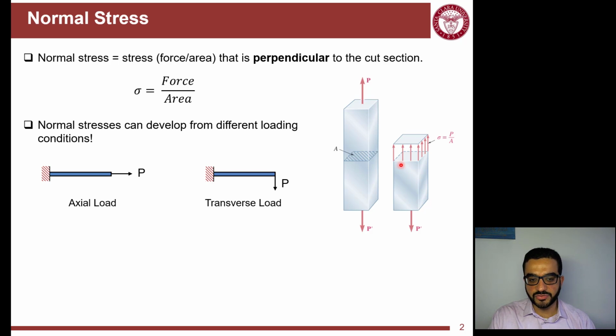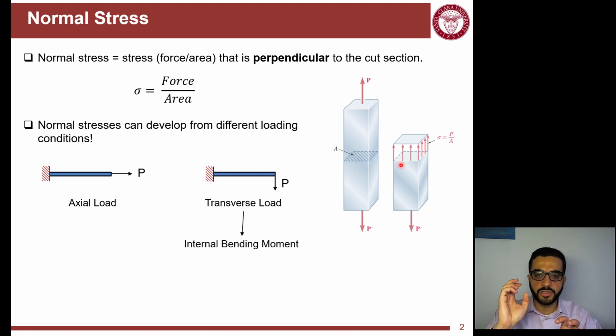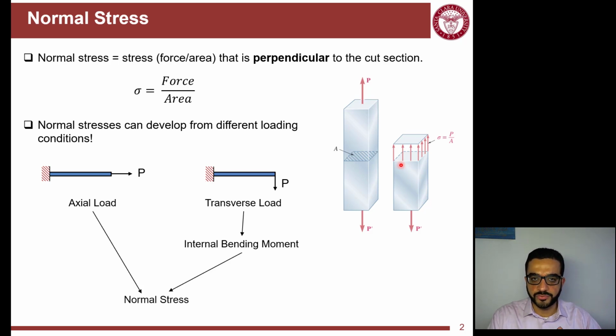Axial is easy, it's just force over the area, but transverse, or anything that's not axial with the centerline or the centroidal line of the member, will cause bending. That bending causes tension and compression at different parts of the section, like we'll see in a future lesson. But these tension and compressions are normal stresses. They are not uniformly distributed like we assume here for axial force, but they result in normal stresses.